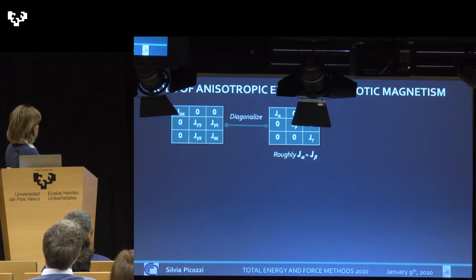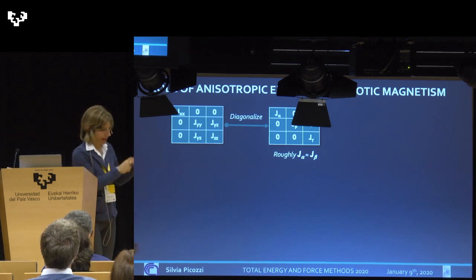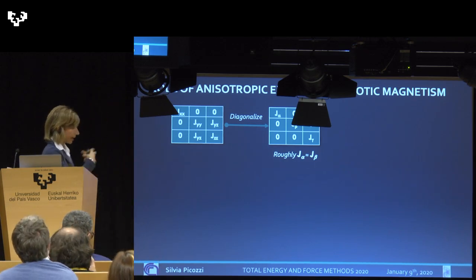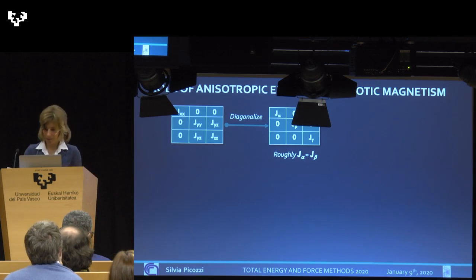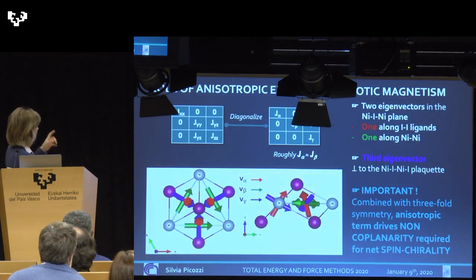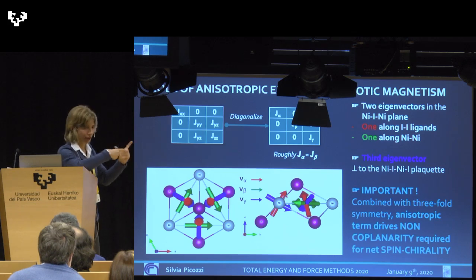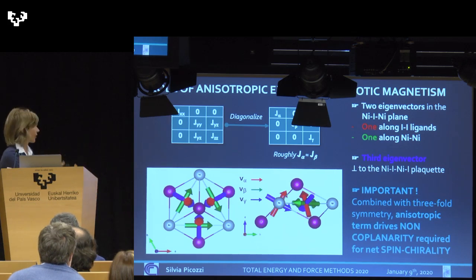If I have a symmetric matrix, I can always diagonalize it, and get eigenvalues and eigenvectors. So I can draw my eigenvectors on the real lattice. If I do that, 2 of the eigenvectors lie in a plaquette identified by nickel iodine.